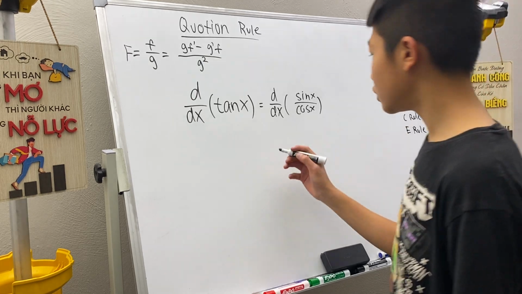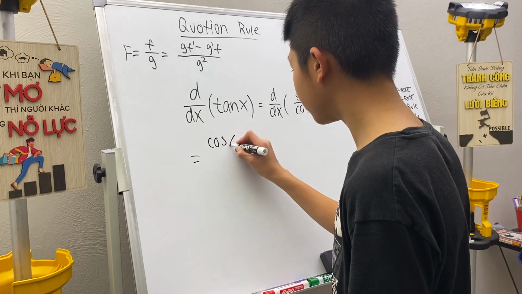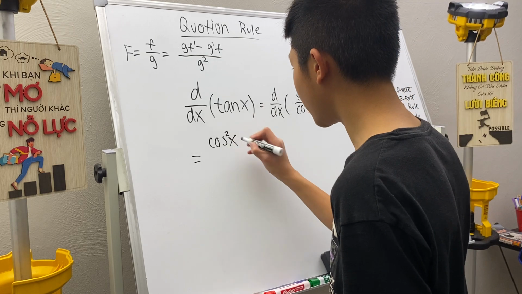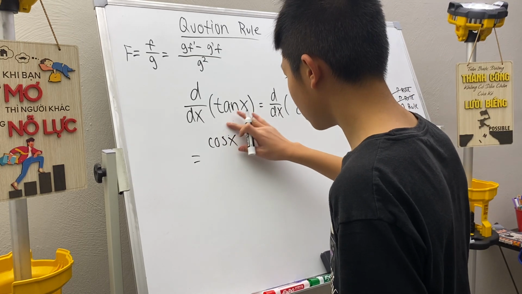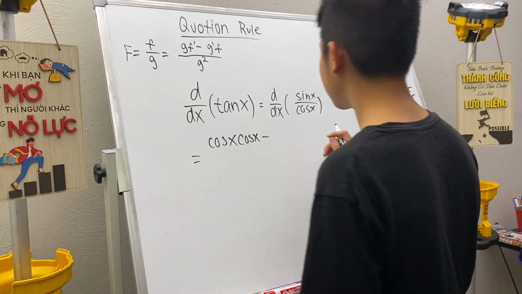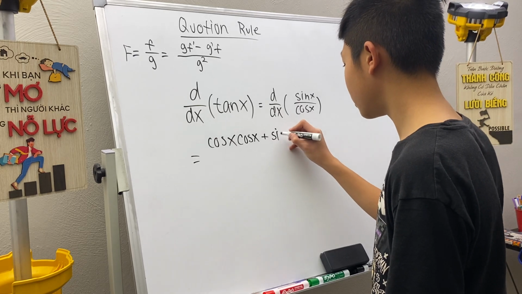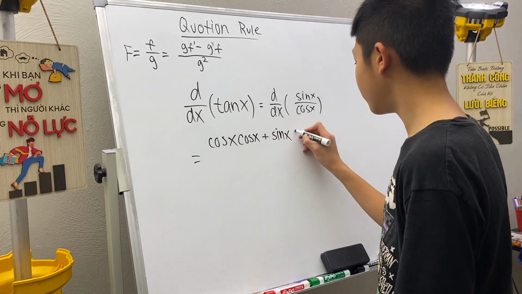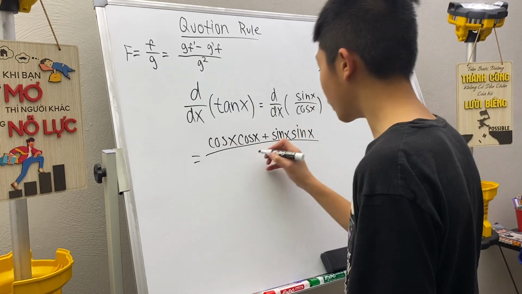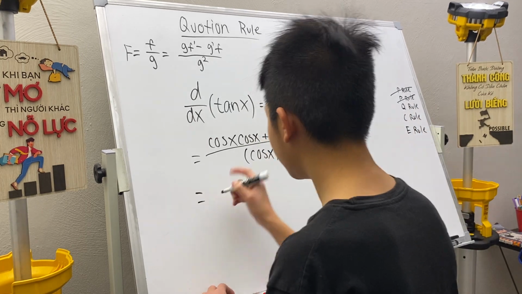So for the second derivative of this, you get G, cosine x, times F prime, which is cosine x, minus G prime, which is negative sine x, times F, which is sine x, all over G squared, which is cosine x squared. This is what?